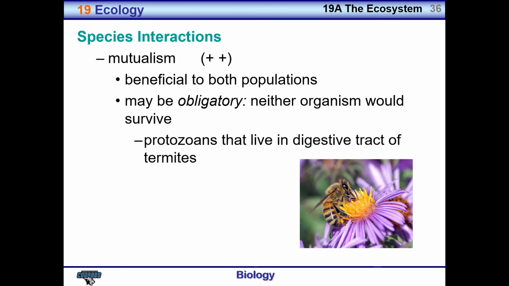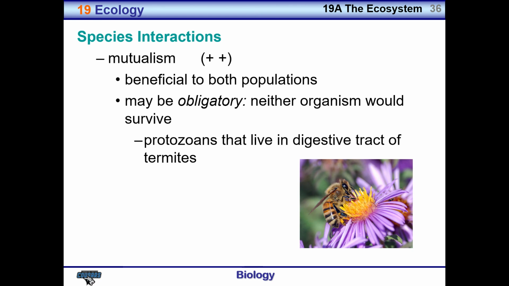That would be such as the protozoans that we said live in the digestive tract of the termite. Remember, termites can't digest cellulose that's found in the wood that they eat, but these protozoans can digest the cellulose, and they both benefit from that.